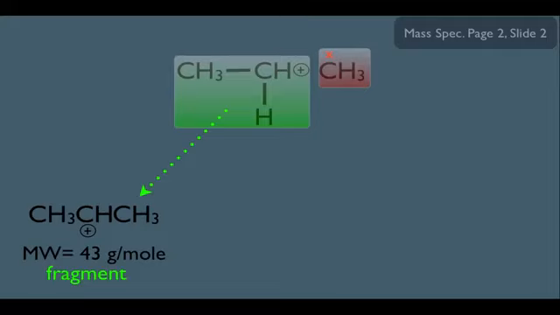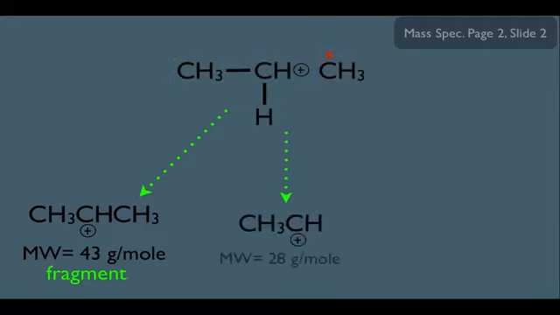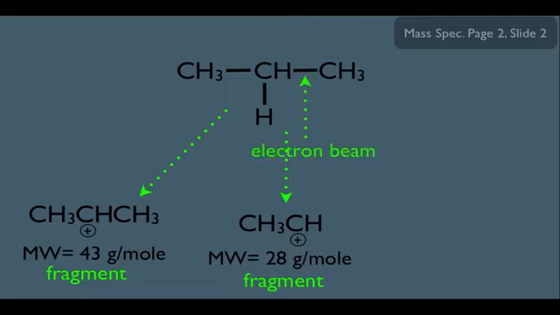Which means, again, the fragment that has the carbocation would be detected, and he happens to be a fragment that weighs 28 grams per mole. But remember, that's just one possibility. The other option is, the electron beam could shoot this bond right here, dislodge an electron, but now by random chance the opposite happens, meaning the electron jumps up on the carbon to the left, and the carbon on the right becomes the carbocation.